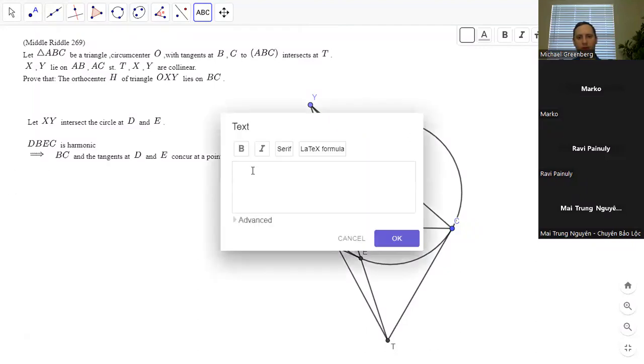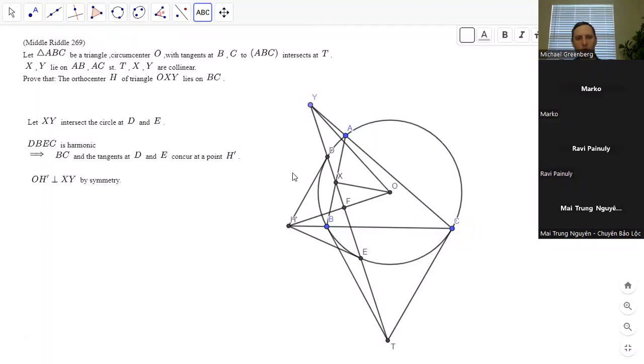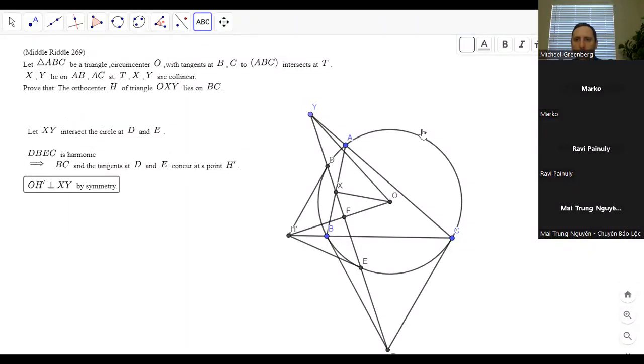So I'll just write it like this for a while, but once we have this, we have yx dE is harmonic.